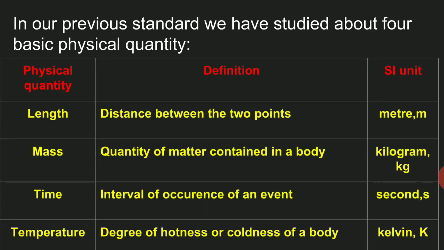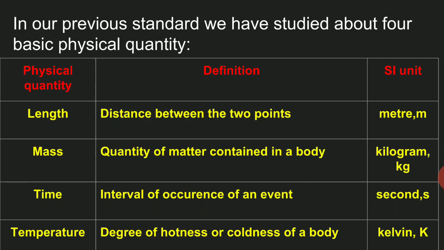Length, we've already done. Let's define it also. Length is distance between the 2 points. SI unit is meter and we write it as small m. Physical quantity of mass, it is the quantity of matter contained in a body. Its SI unit is kilogram and we write it as kg.